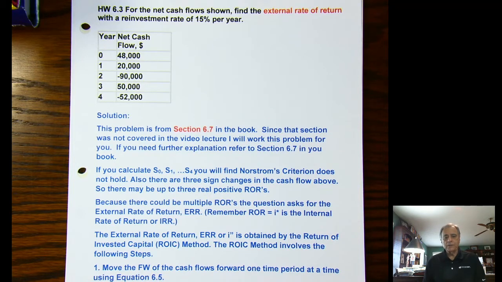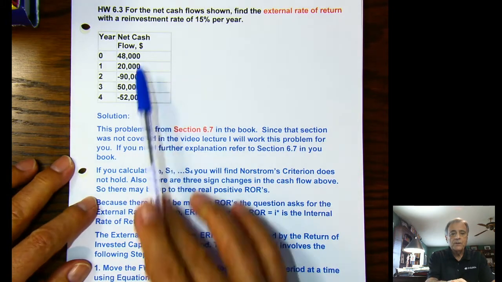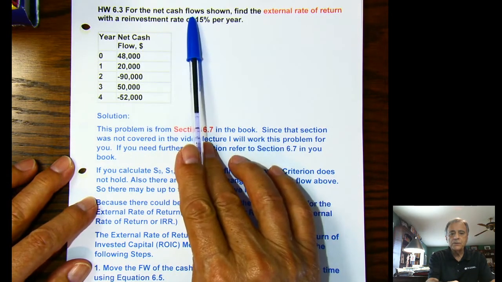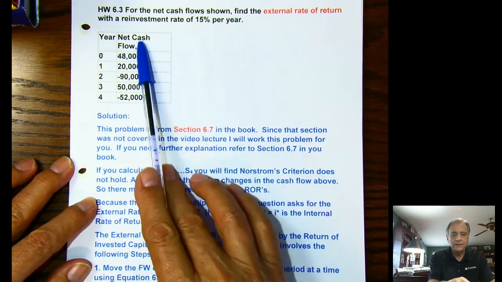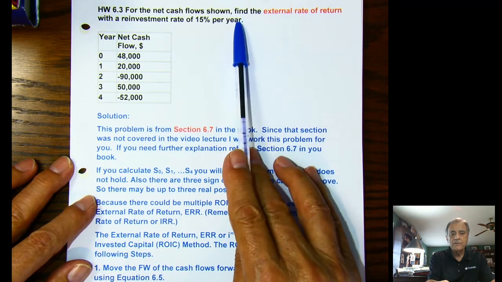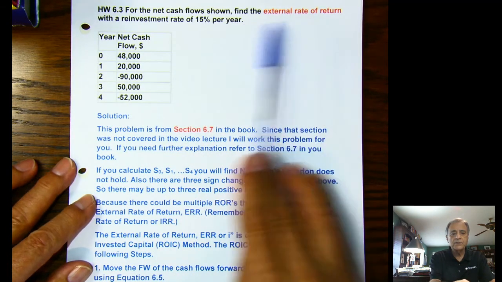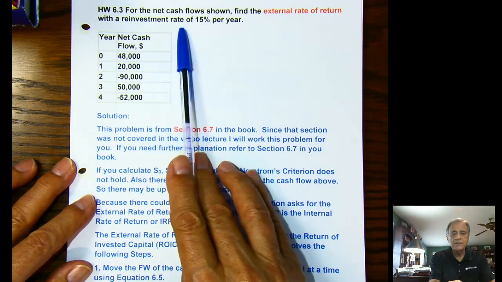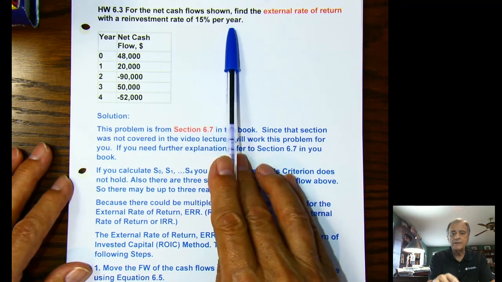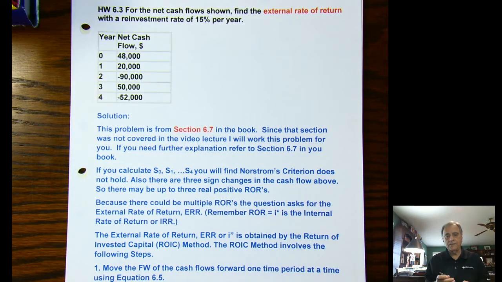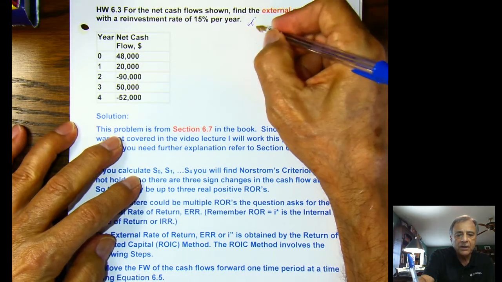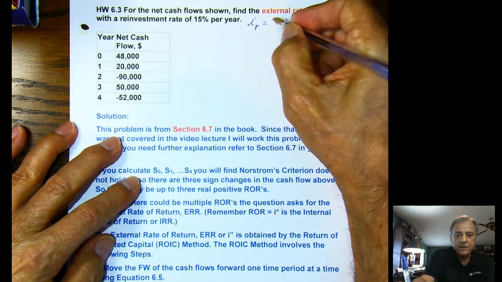So let's go back then and read the question. For the cash flow shown below, there it is, find the external rate of return with the reinvestment rate of 15%. So he has given us a new kind of concept. It's called I sub R, which is the reinvestment rate.